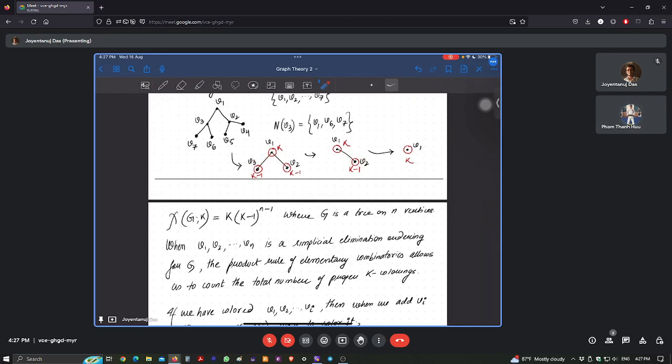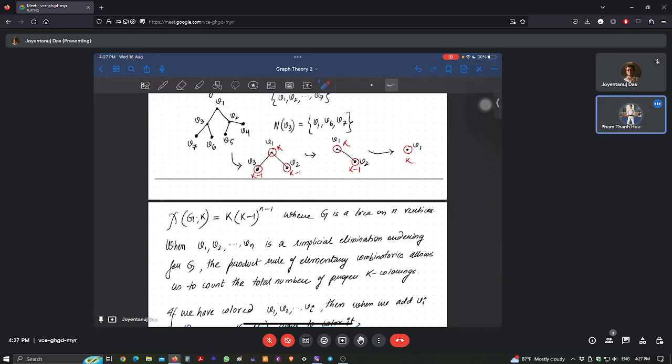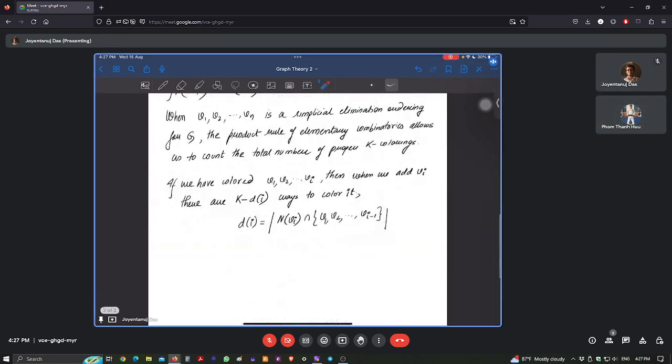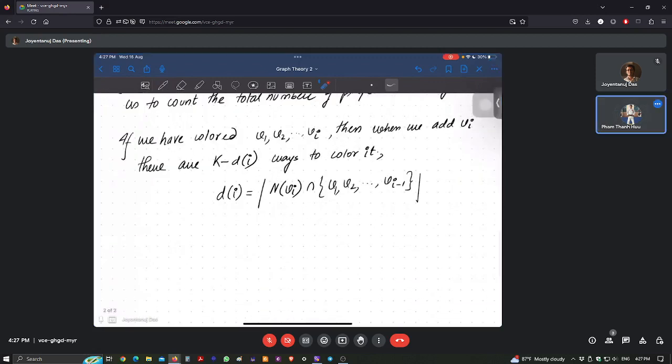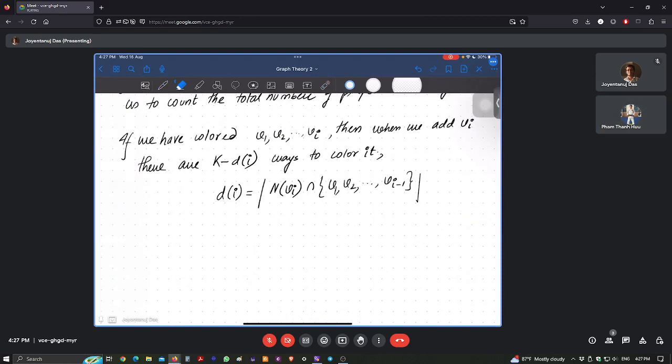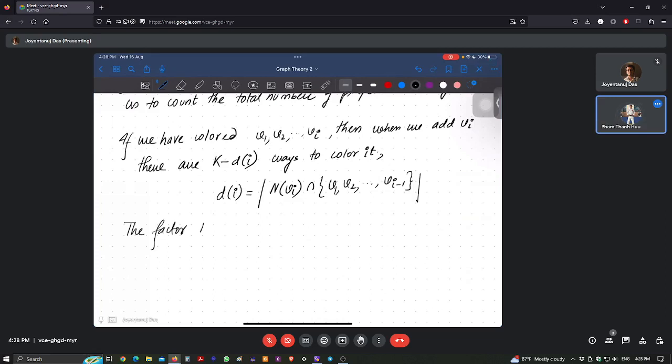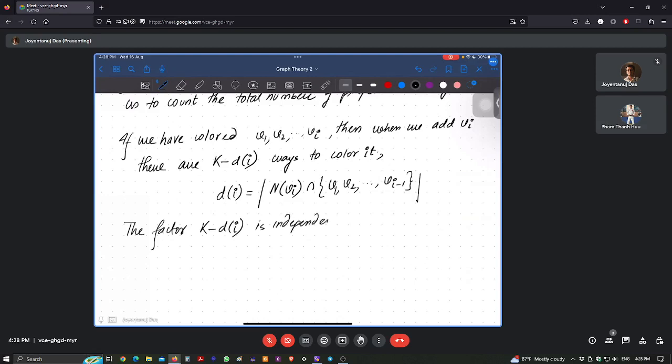So the factor k minus d_i is independent of how we choose the previous colors.